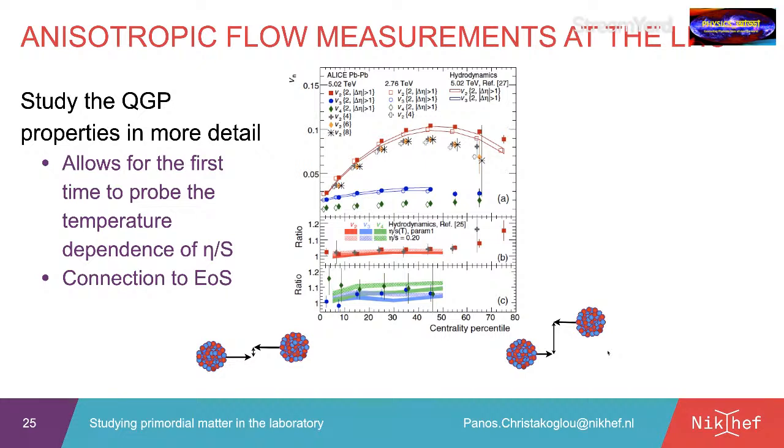So the equation that shows how different thermodynamical properties, variables, parameters of the quark-gluon plasma, so temperature, pressure, energy density, are connected. This is what we try to do at the LHC by performing precision measurements.